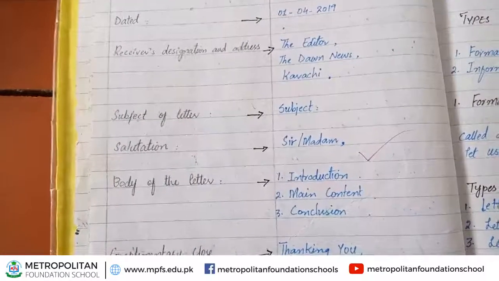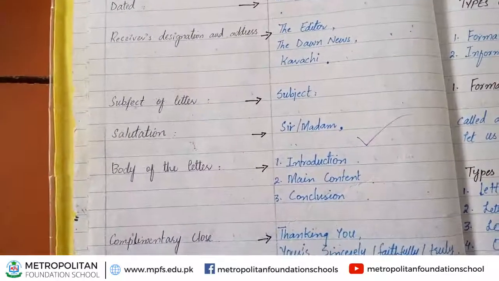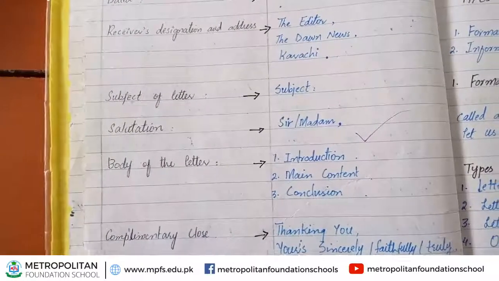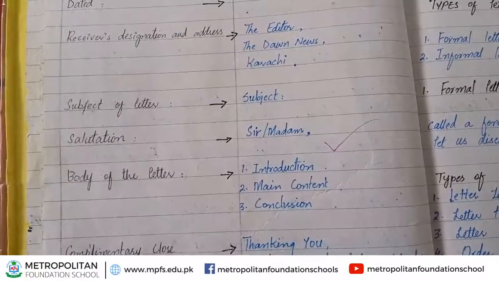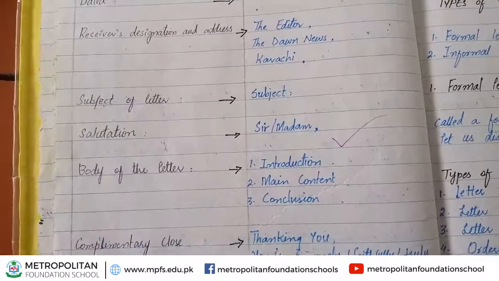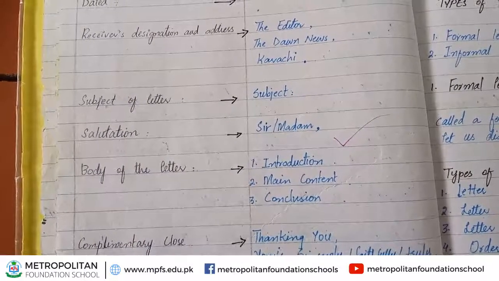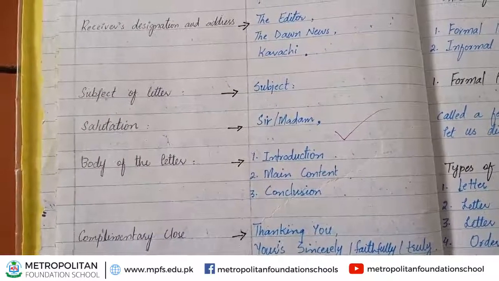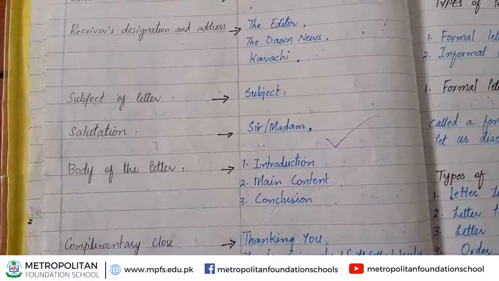And after the receiver's designation, we will come to the subject of the letter. That depends on what the letter is about. And after this, we come to the salutation. In the salutation, you are going to title the address of the recipient. Like you can use dear sir, dear madam, sir, madam, etc. Whatever you want to use, just write it in the salutation.